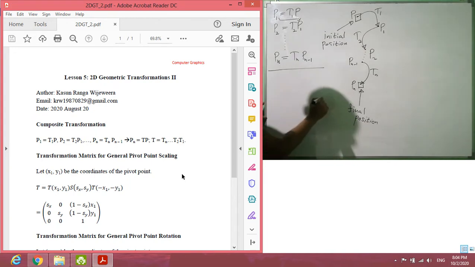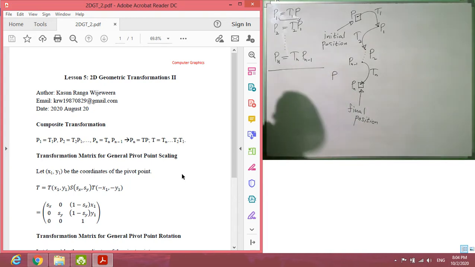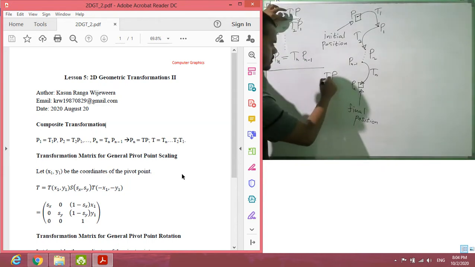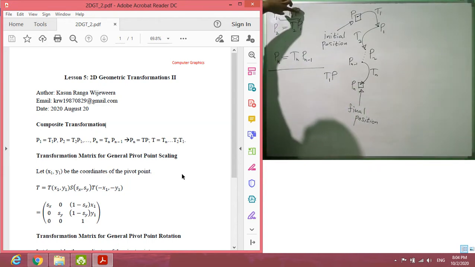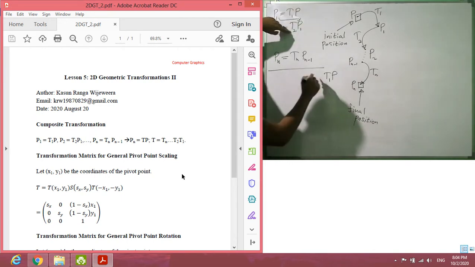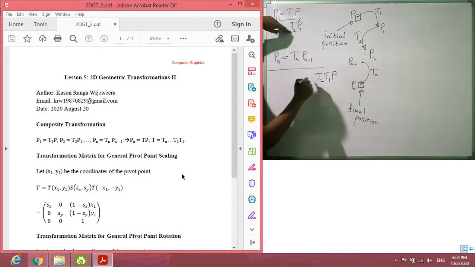Then we get T1 into P, and this one into T2, that is P2.